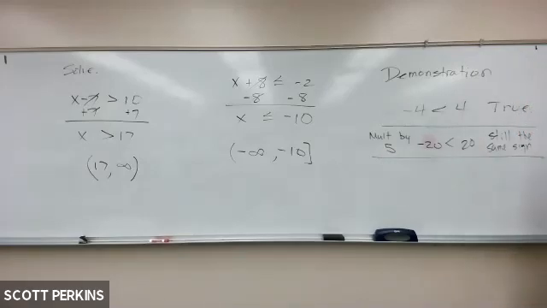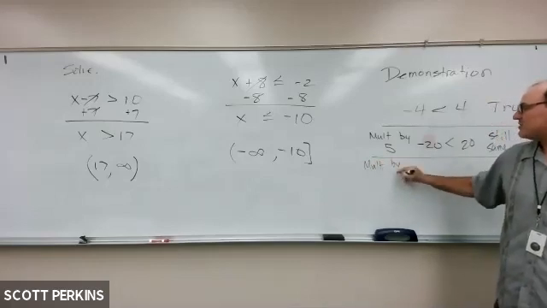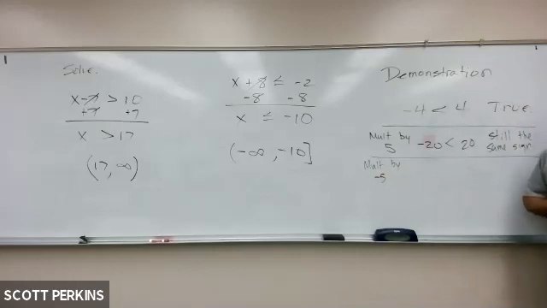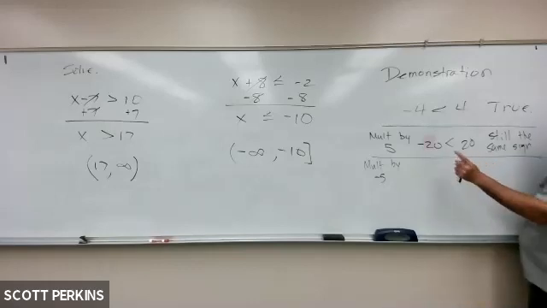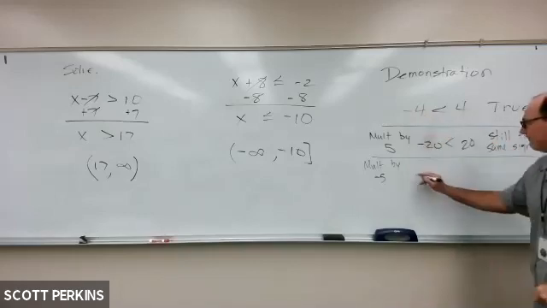You're thinking you're wasting my time. So here's what we're going to do. Let's change it. Instead of 5, we're going to multiply by -5. Let's see what happens. And this is where we're going to encounter what you were anticipating. When I multiply by -5, what do I get on this side? What's -4 times -5? 20.